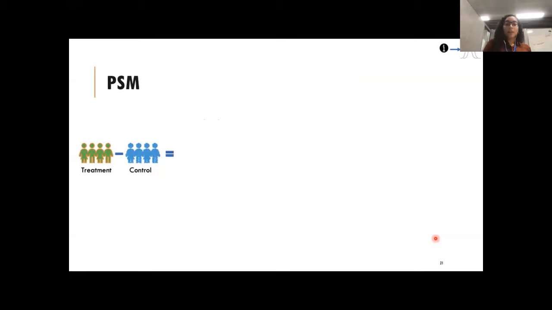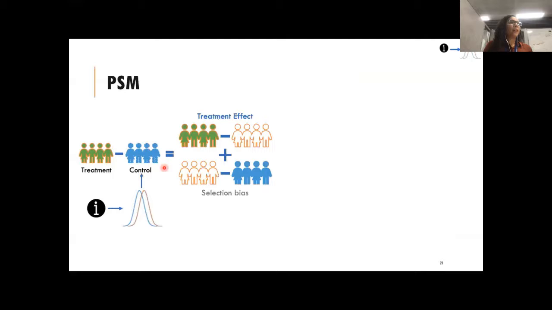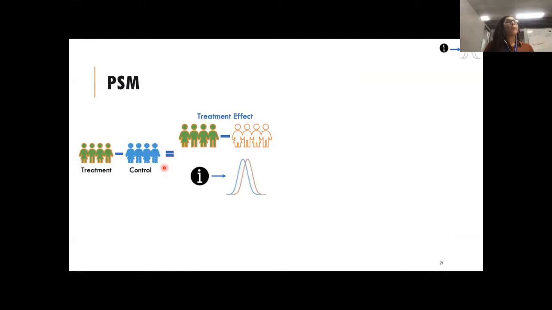So how does propensity score matching work? We have our treatment group, and we create an artificial control group according to the probability of participation. Once we have modeled the probability of participation, we get rid of the selection bias, and when we make this comparison, we have the treatment effect.